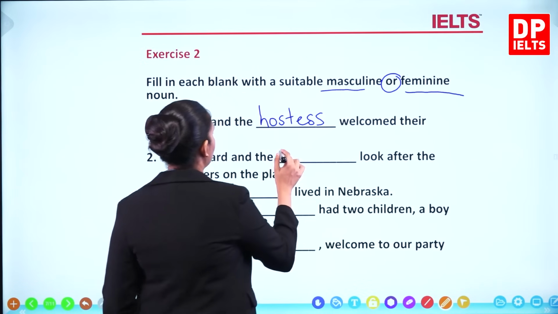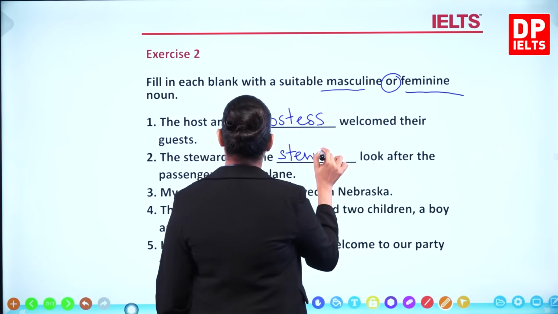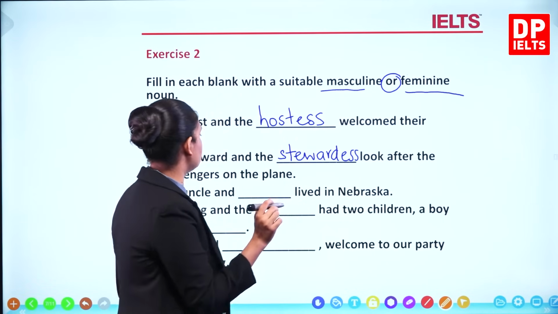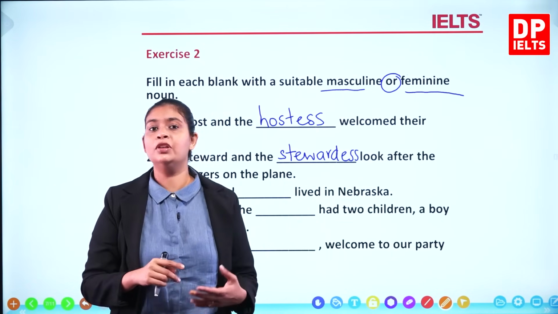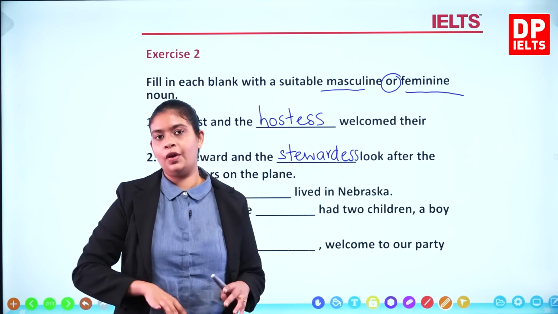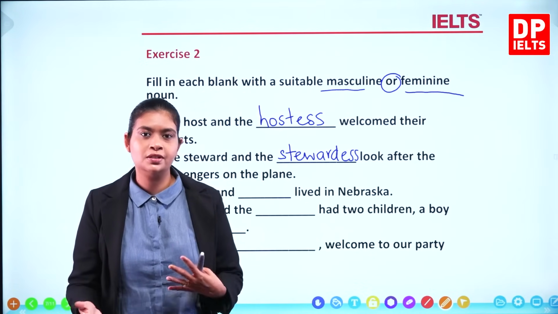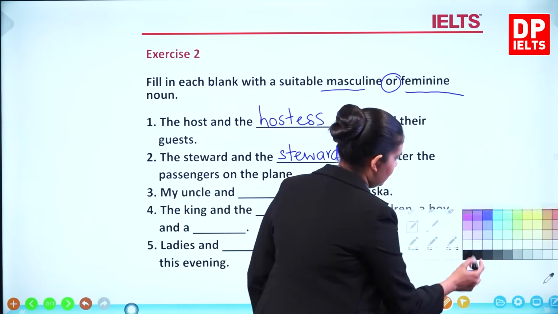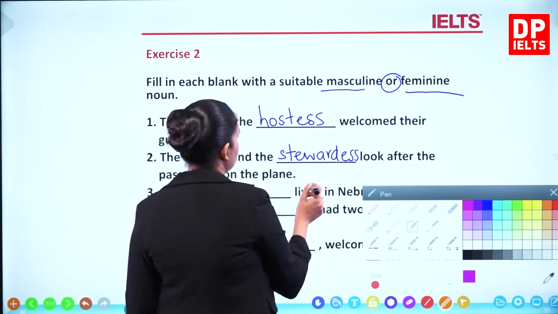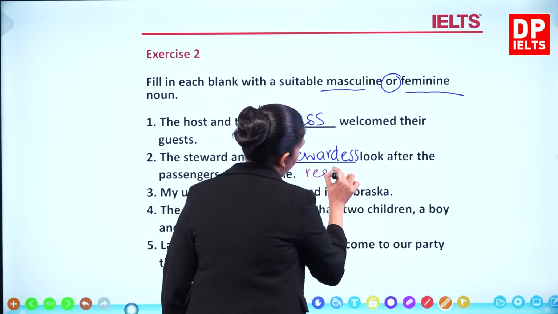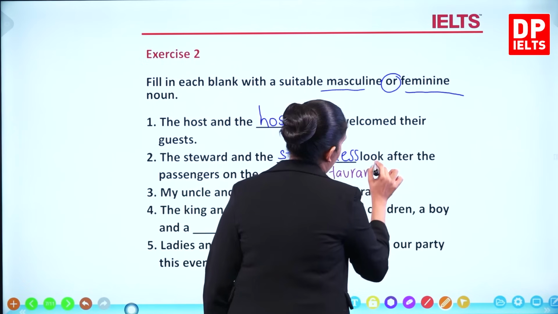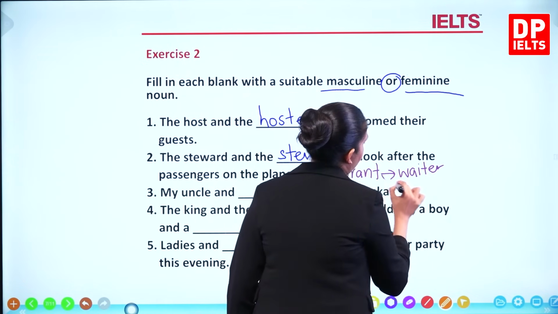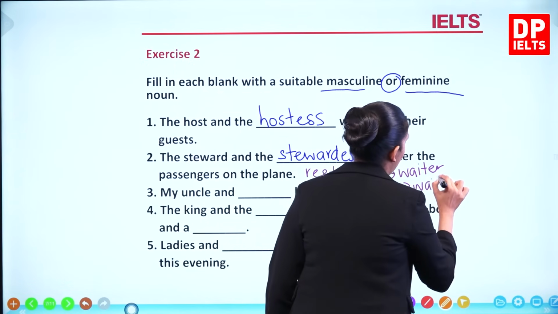The steward and the stewardess look after the passengers on the plane. අපි කියන්නේ cabin crew members, right? Remember, in the ground level, when we are in a restaurant, we have a waiter or a waitress. Okay? I'm just going to put that in pink color for you, right? So if it is a restaurant, there we have a waiter, නැත්නම් we have a waitress.